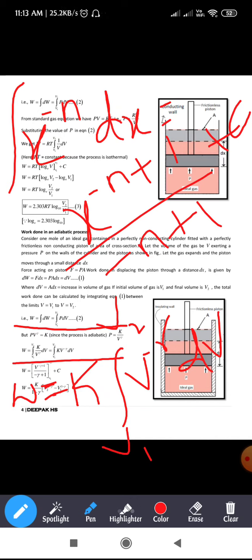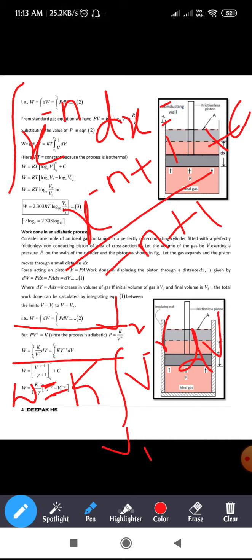Next, in this step we have interchanged. Instead of minus gamma plus 1, you can write 1 minus gamma. That minus gamma plus 1 in the denominator can be written as 1 minus gamma. The denominator is taken out.